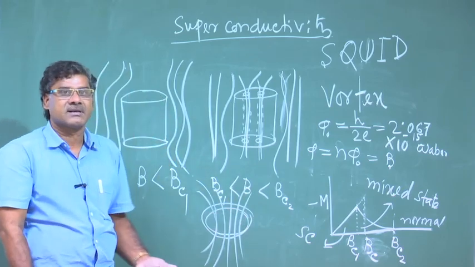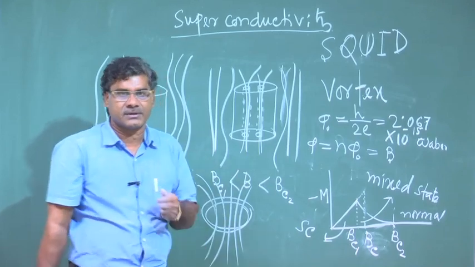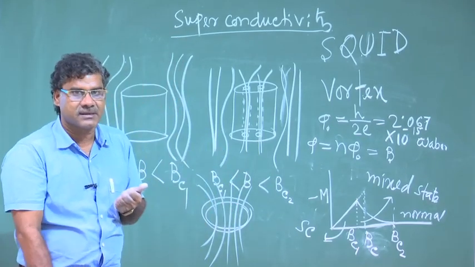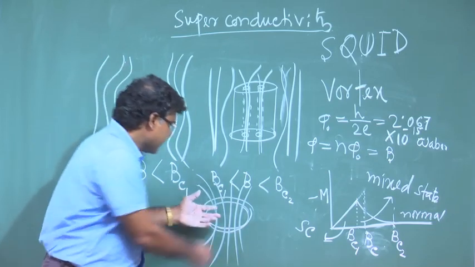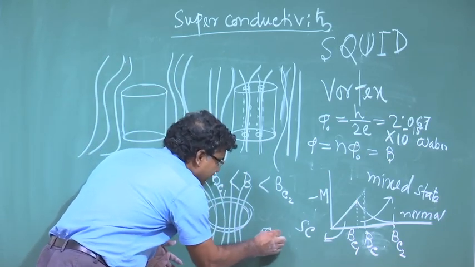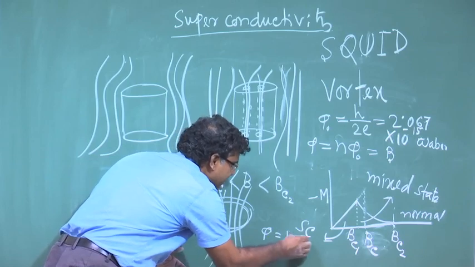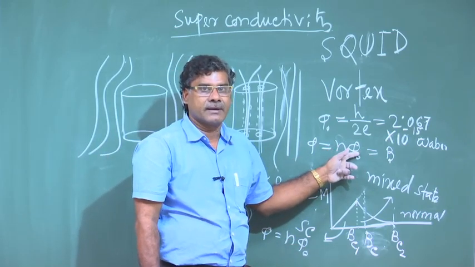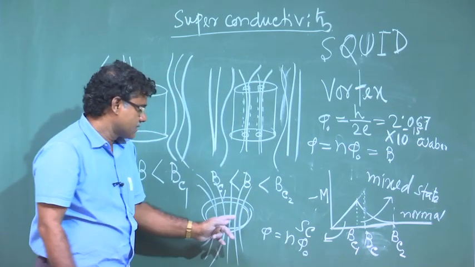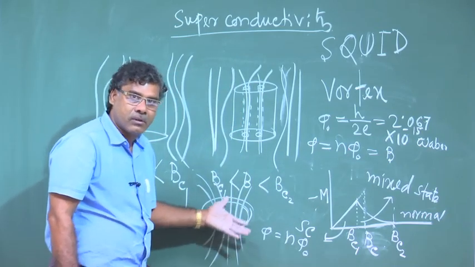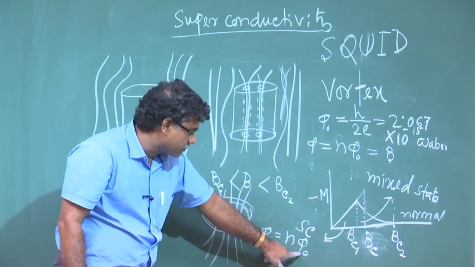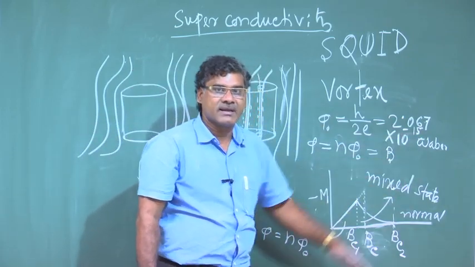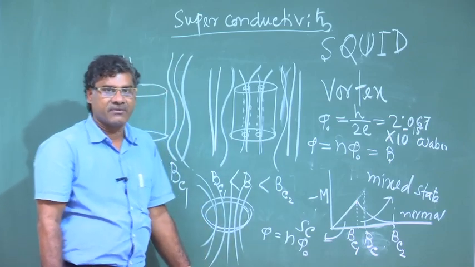Any flux cannot pass through it. So, this flux is quantized. Only this amount of flux phi has to be n times phi 0. This value is in this order, so that is why it is very sensitive to the magnetic field.